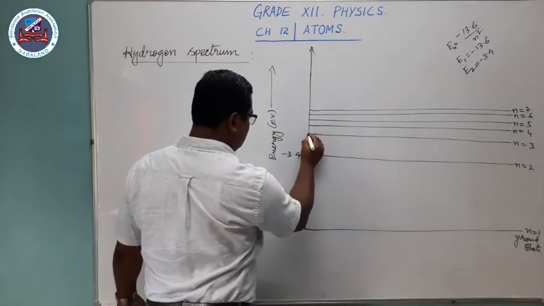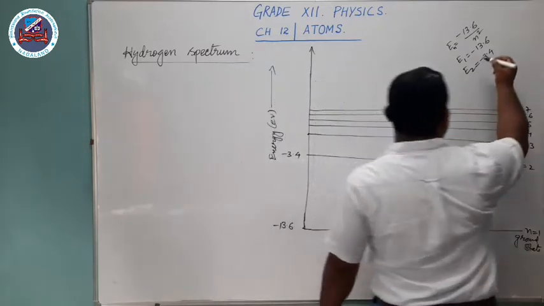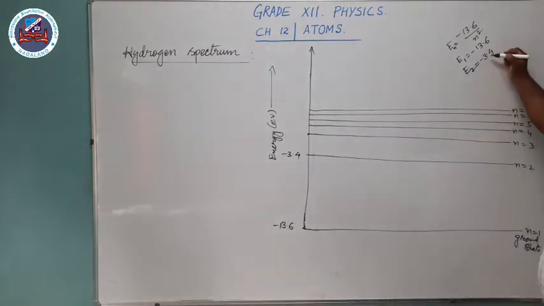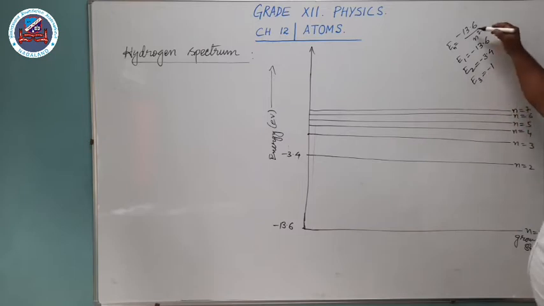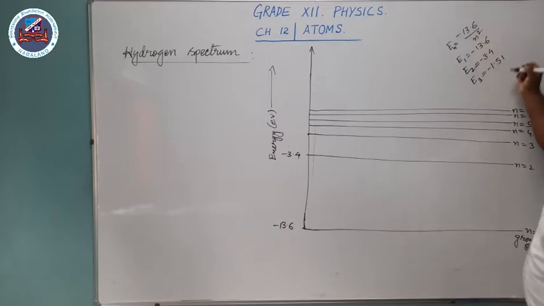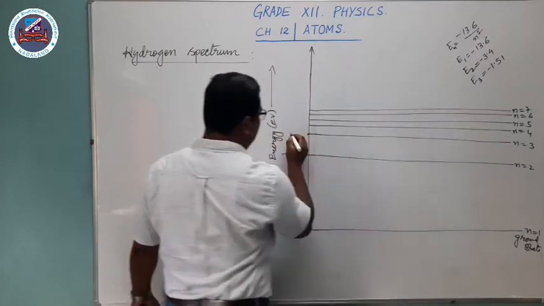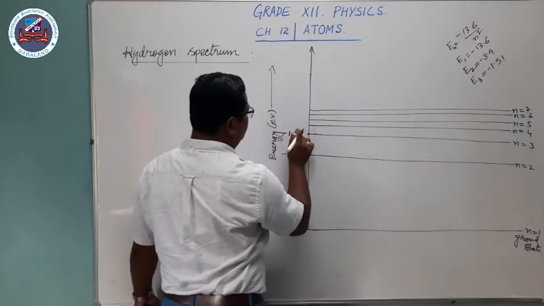Like that, the third one: minus 13.6 divided by n square, with n equal to 3, 3 square is 9. 13.6 divided by 9 is minus 1.5 electron volt.